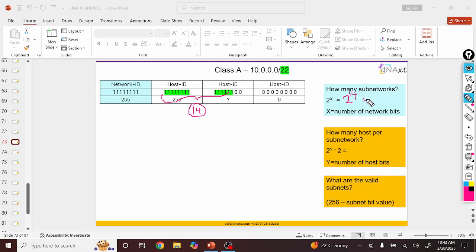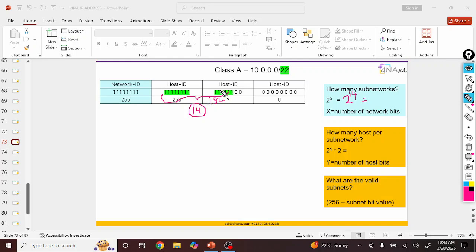But before calculating that, let's calculate what the subnet mask of this slash 22 is. So the subnet mask of slash 22 is 255 dot 255 dot 252 dot, 252 is 128 plus 64 plus 32 plus 16 plus 8 plus 4.